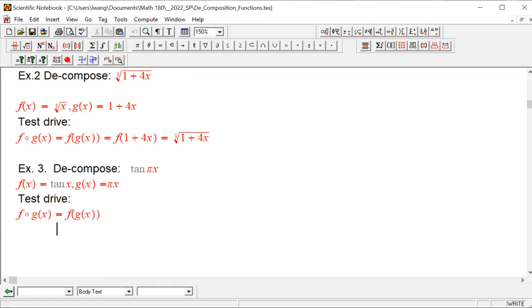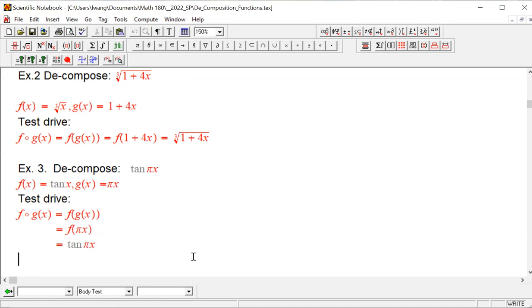What do we get? f of g is tangent of pi times x, and pi x is the input for tangent. So we just take that input and have tangent apply to that input. That's it. You can see it works, right?